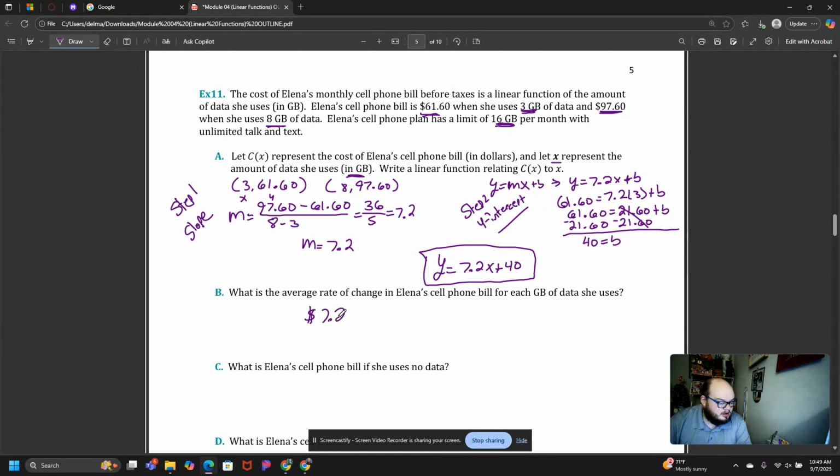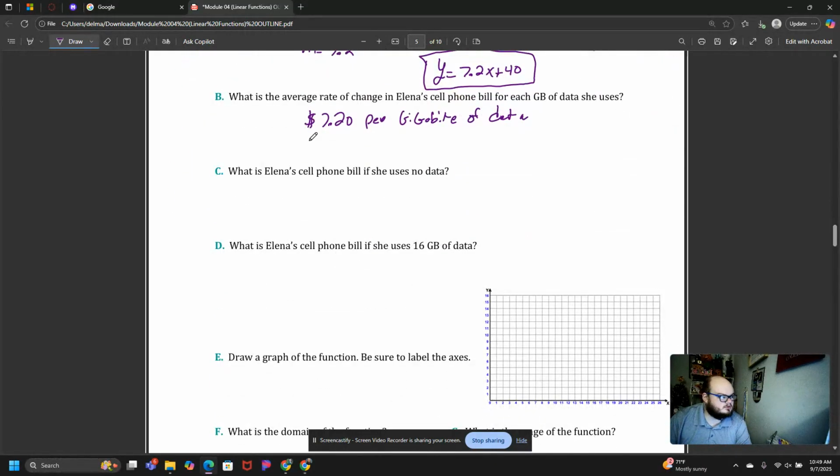So it's $7.20 per gigabyte of data. We could probably just simply write this as GB, and that would work better.